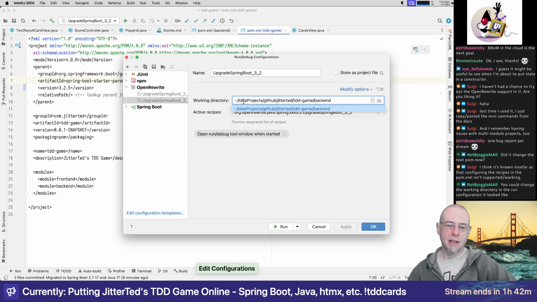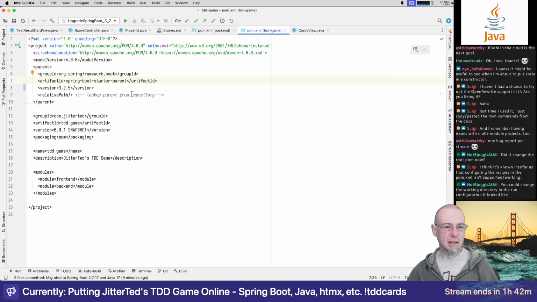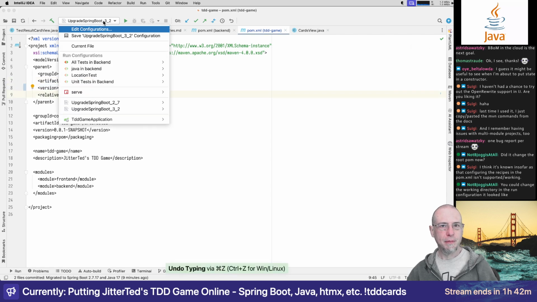Oh, that's interesting. I didn't notice that before. We could try that. See what happens. So let's cancel this. Let's undo this. And let's see if it does the right thing.